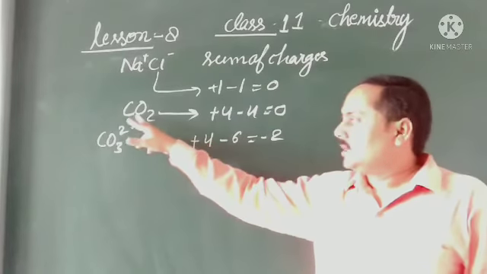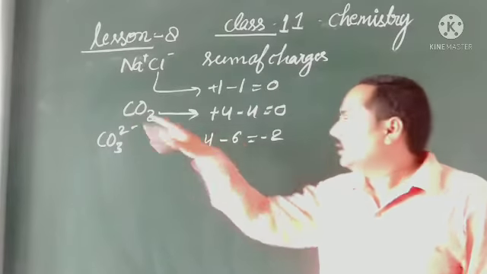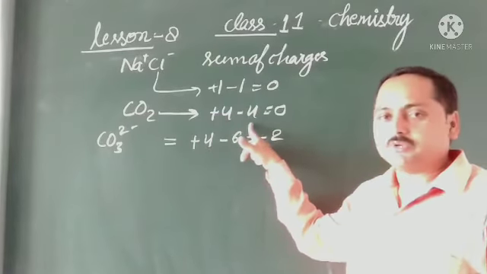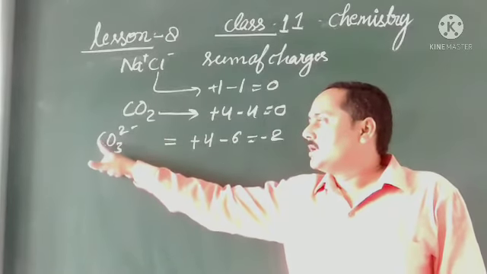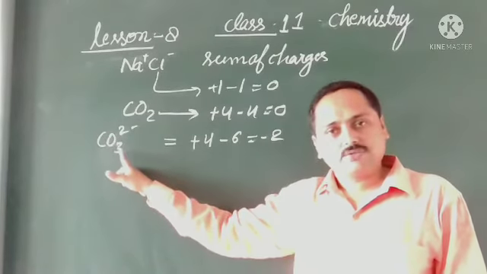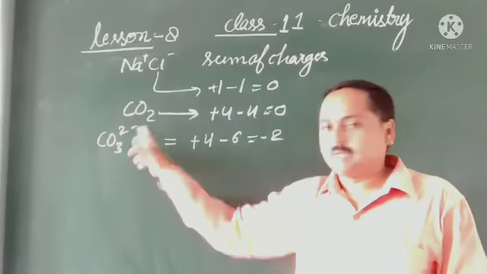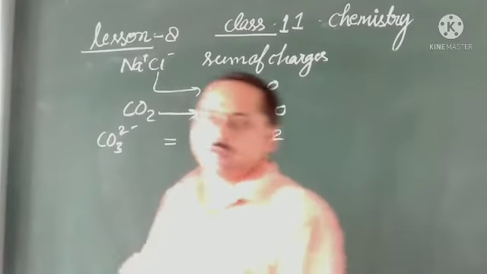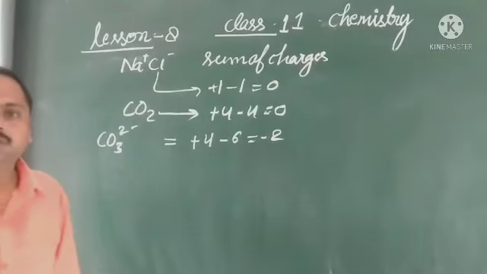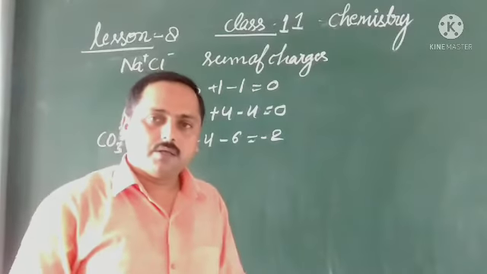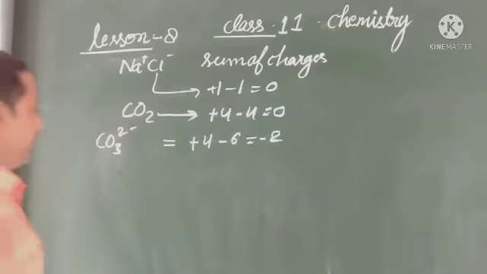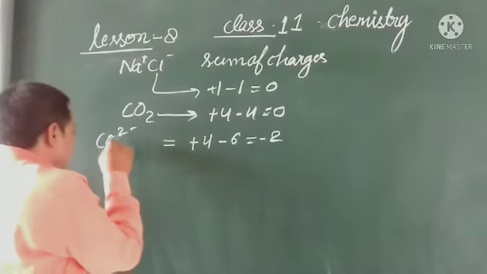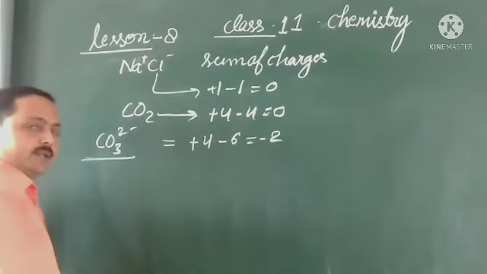Here CO2: plus 4 minus 4 equals 0. Here CO3 2-: the sum of the charges must be equal to the charge carried by the ion.